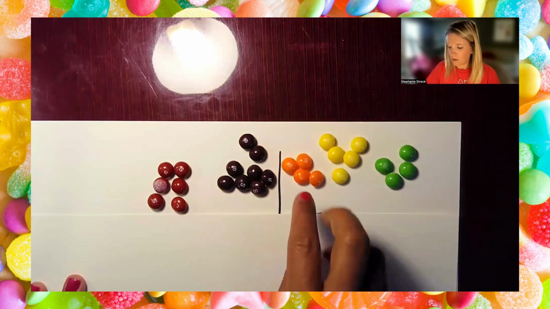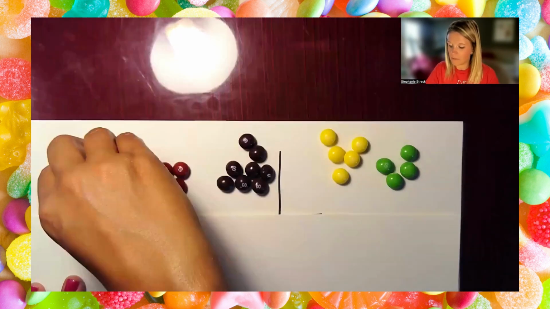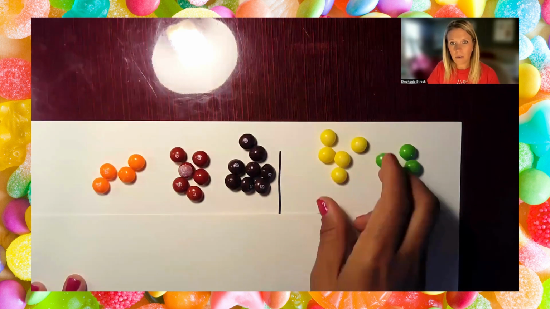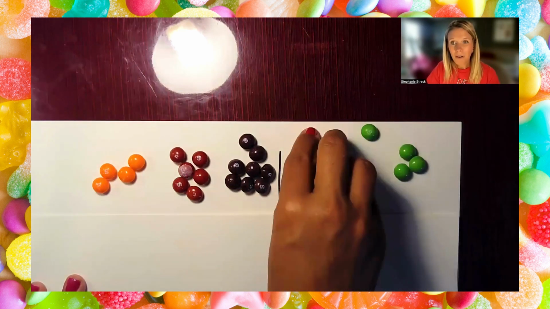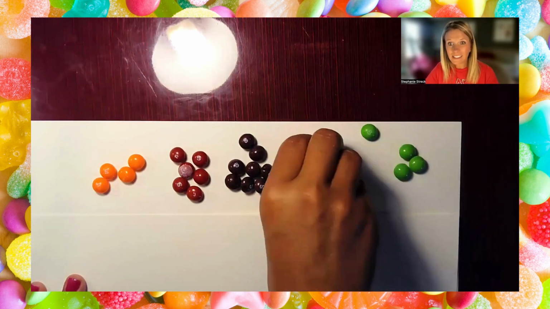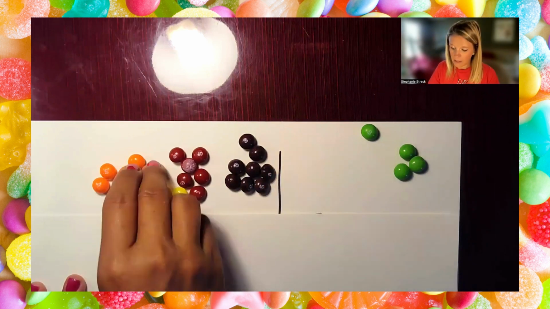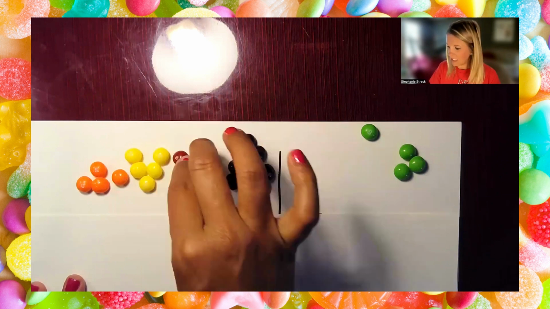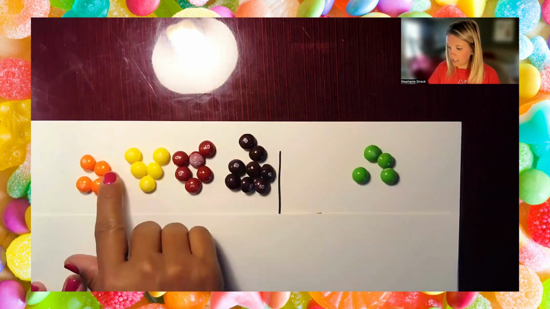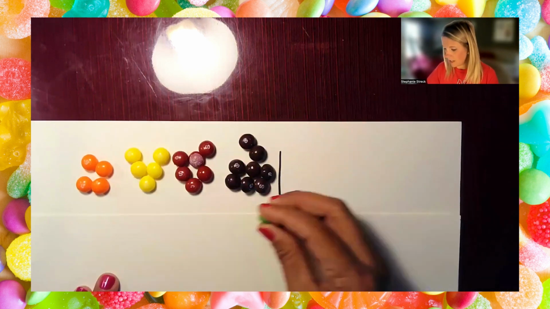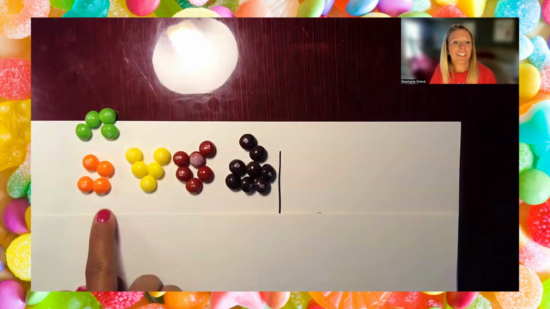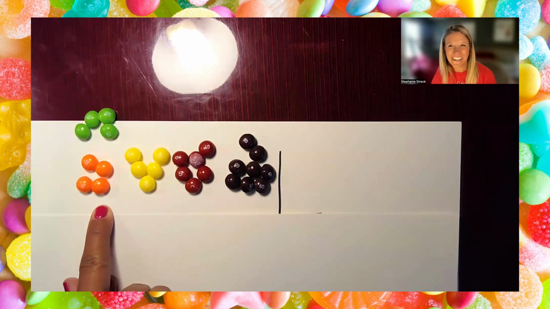Orange is less than we had of red. How about these? That's more than orange, but less than red. And then we get to these and we realize, oh my, we have 4 green, just like we had 4 orange. And you could make some choices here.